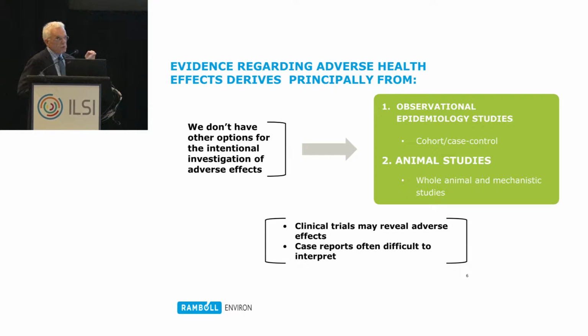Those are the two principal methods for turning up adverse effects. We may learn something from clinical trials, but we don't go in them to learn about adverse effects. And then case reports, we have a lot of those around, but they're awfully difficult to interpret. You can't ignore this other information, but the main bodies of information are epidemiology studies and animal studies.